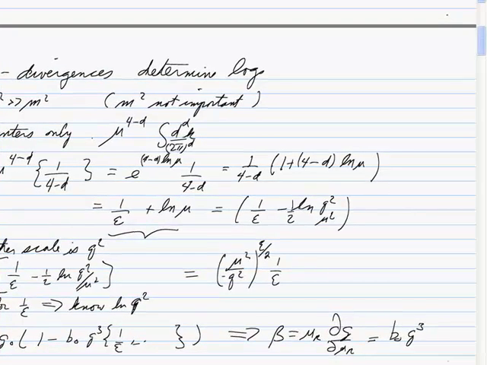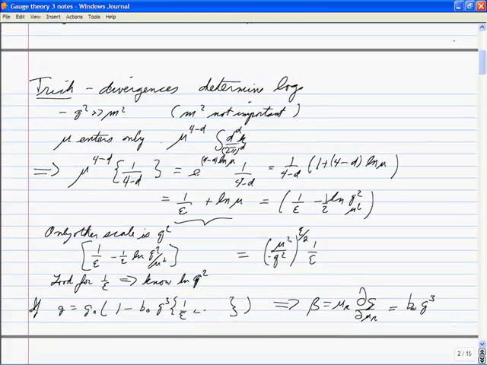Okay? So one of the nice features of dimensional regularization is we'll do that. And so that just means we don't have to do the full calculations, we just pull out the 1 over epsilon.